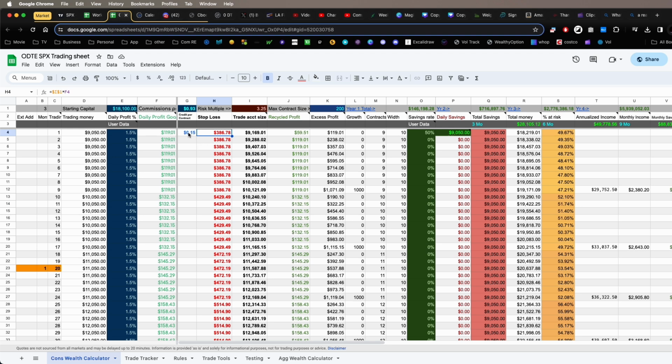All right, and credits per contract. This is how much you can expect per contract when you're actually going into your system to fill your orders. This is how much you can expect to put in that you are trying to achieve as far as your credit. And that number is going to be driven by this number. This is your user data column. Right now, the way I have it set up, you're trying to get 1.5% profit per day.